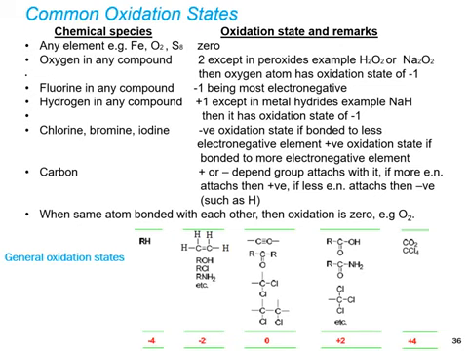If a less electronegative atom is attached, for example hydrogen, then it is negative. When the same atoms are bonded to each other, the oxidation state is 0. For example, when carbon is attached to carbon, the oxidation state of both carbons with respect to each other is 0. These are the general oxidation states.